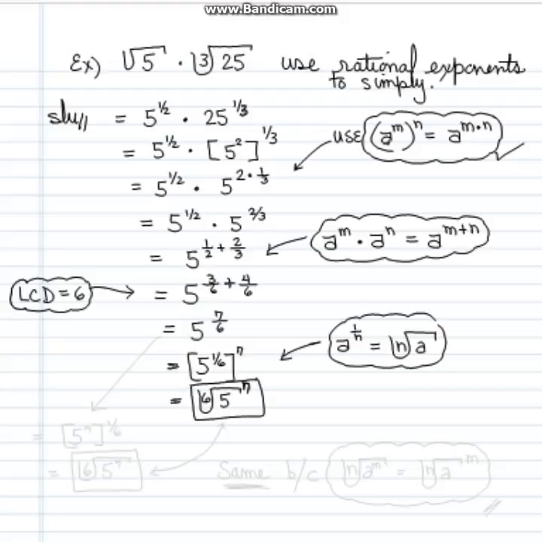But there is another way of doing it. What if I had said this is equal to 5 to the 7th, and then a bracket, and then raise it to the 1/6. Then this would be equal to the 6th root of 5 to the 7th power. And you know what? I have two answers, but they're both the same answer.